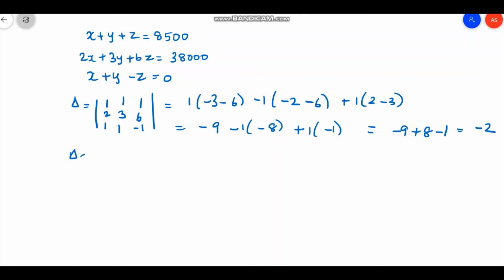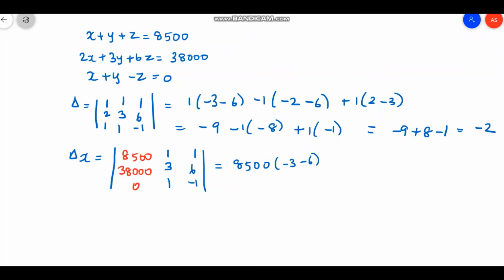So now let me find delta x. So what is my delta x? My x column will change to 8,500, 38,000 and 0. The next y column and z column stay the same: 1, 1; 3, 6; 1, minus 1. So it equals 8,500 into minus 3 minus 6, minus 1 into minus 38,000, and the last value plus 1 into 38,000.